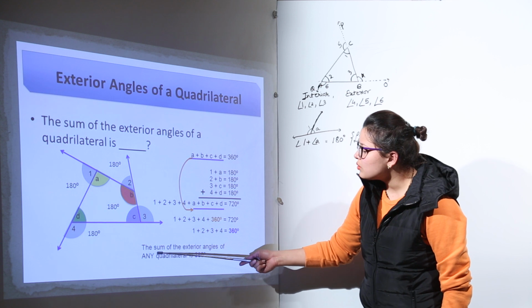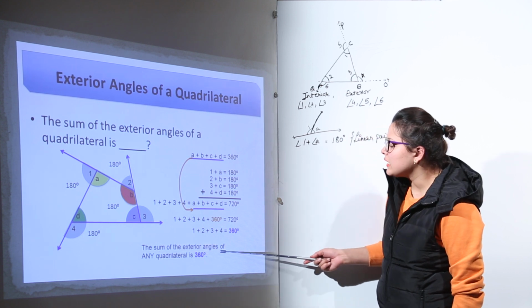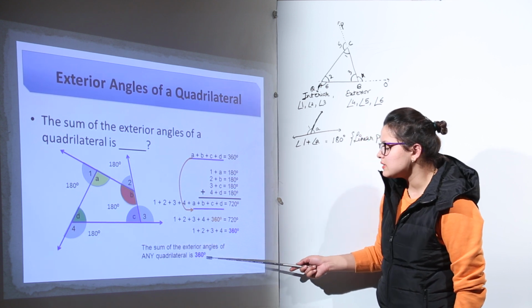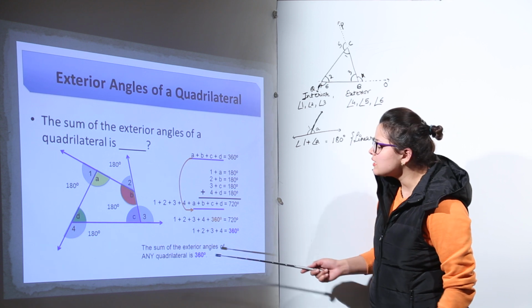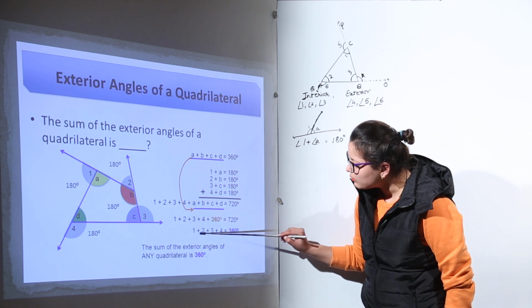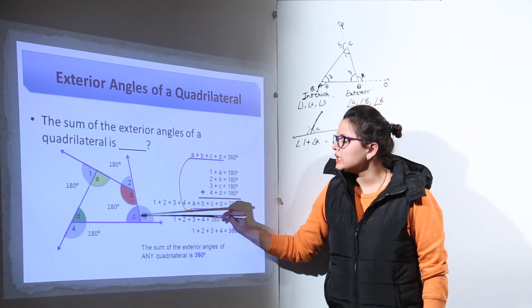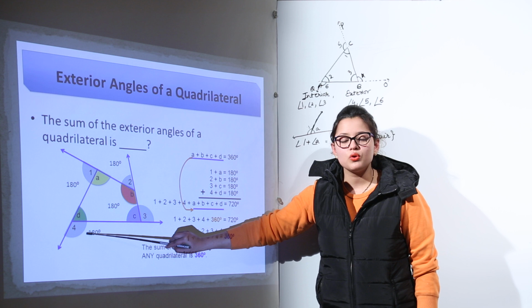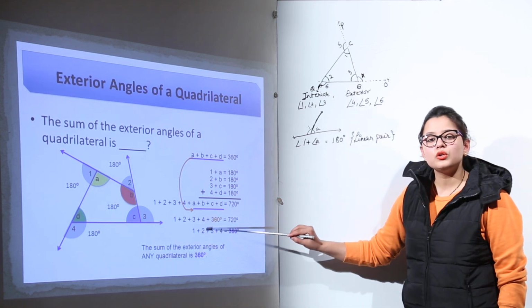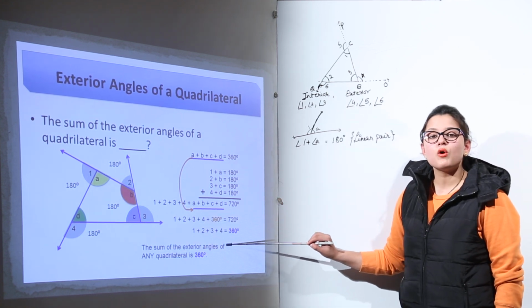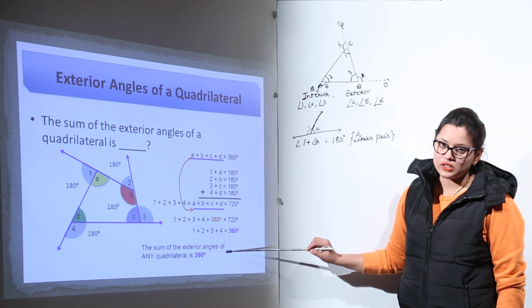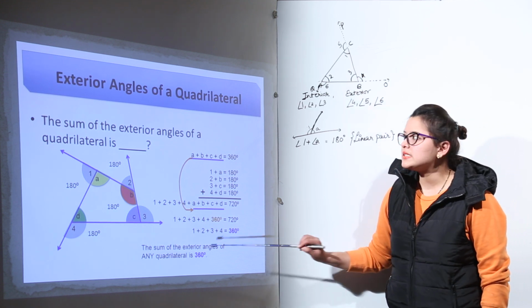And so we get the sum of exterior angles of any quadrilateral as 360. Why 360? Because here we have got 1 plus 2 plus 3 plus 4. Since 1, 2, 3 and 4 are the exterior angles of a quadrilateral, the sum of 1, 2, 3, 4 will be called the sum of exterior angles of a quadrilateral. That will be equal to 360 degrees.